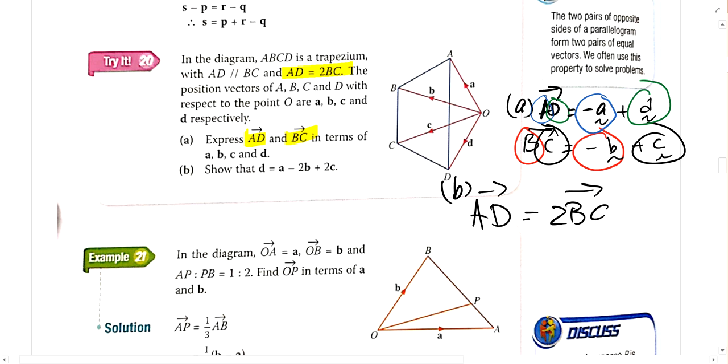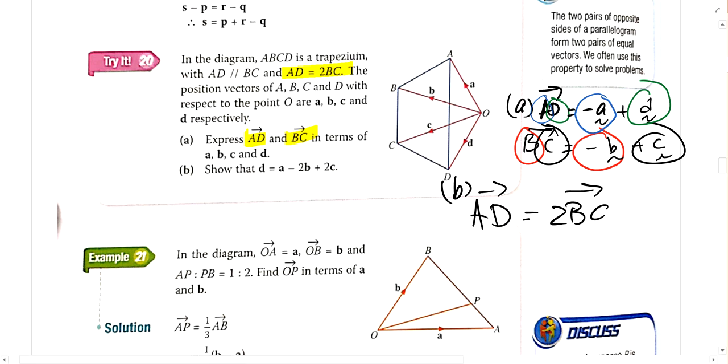Why is it that we can say this? It's given? No. Did they say that vector AD equals 2 times vector BC? They didn't say that. So why can you say that these two are equivalent? What did I highlight? AD equals 2BC, right?